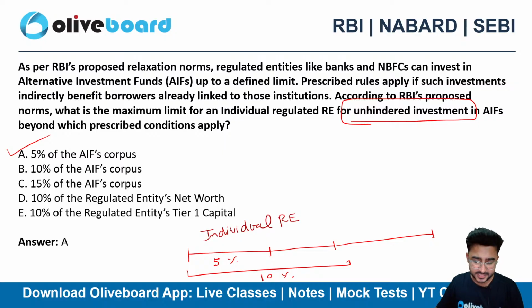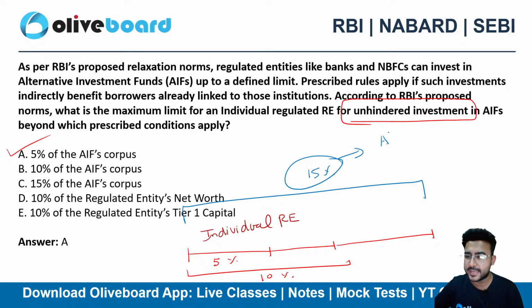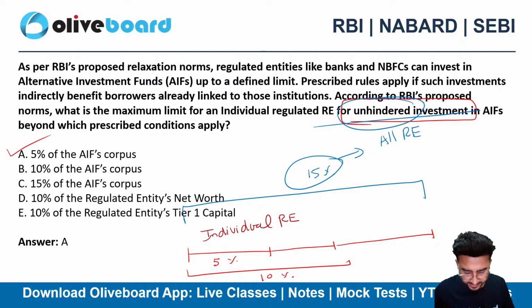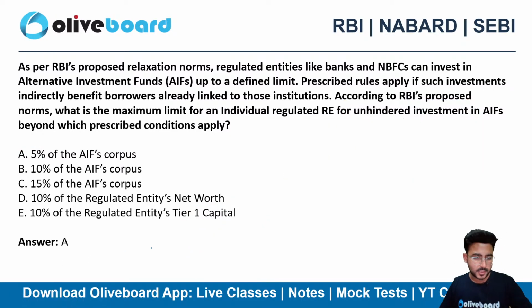Till 5% there is no restriction. However, total is 10%. But if I talk about the entire 15%, that's for all the REs. So here the question is asking for the unhindered investment limit. It's a trick question. The correct choice here is 5% of the AIF corpus.